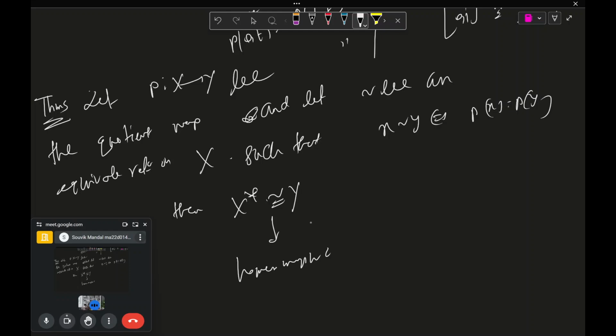Or in this case, each boundary point is equivalent. If such a thing happens, then this X star is homeomorphic to Y.